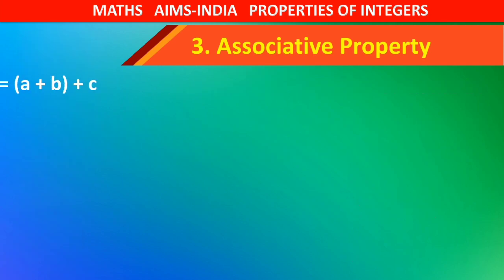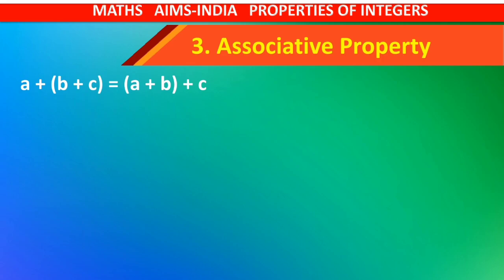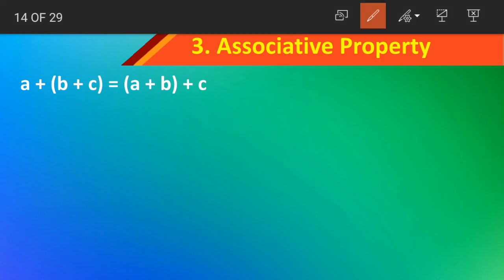Let us understand it with the help of examples. First, for addition, the associative property should satisfy this condition: a plus of b plus c. Here b plus c is in the brackets, right? In the RHS equation, what we'll do is, we'll change the brackets and we'll put the brackets around a plus b.